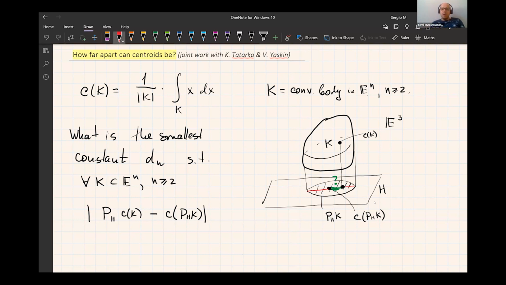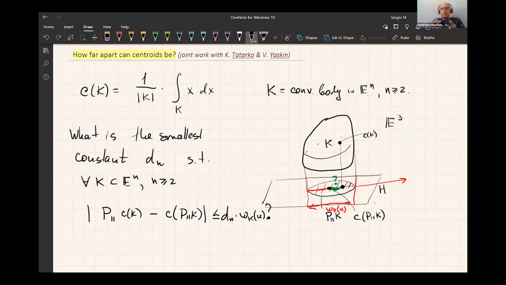The width is basically this distance: we draw parallel lines and measure the distance between those two lines. This is going to be the width of the convex body K in the direction of u, where u is a vector parallel to the line passing through these two points. So let me finally finish with D_n times that, and this is the question we're wondering about.